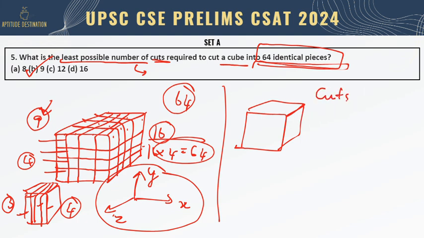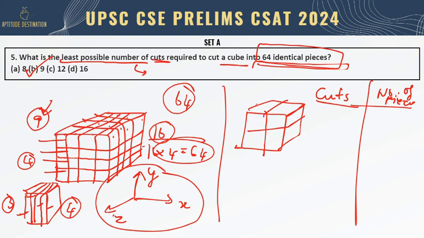So the concept that I need you to note down is this: cuts and number of pieces. Let's say I am doing the least cut now, that is 3 cuts. So this is 1, 2, and 3. For 3 cuts, I get 8 pieces.